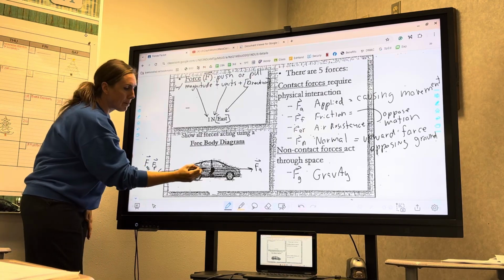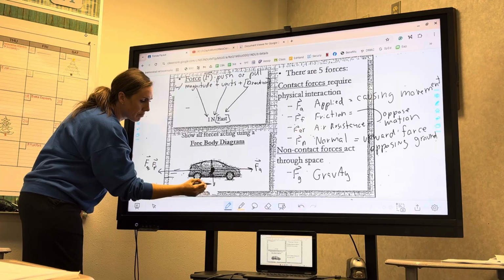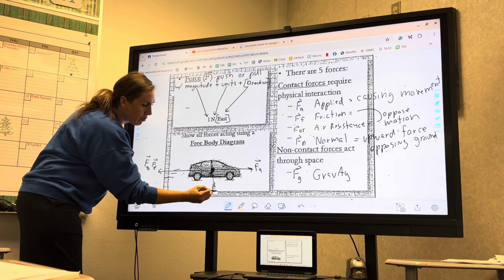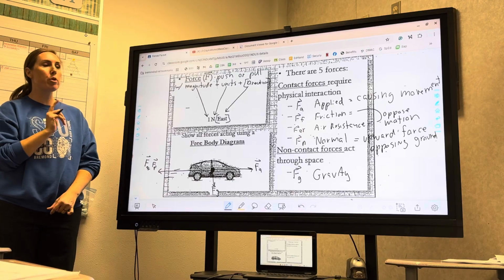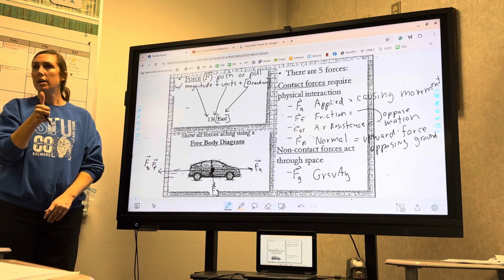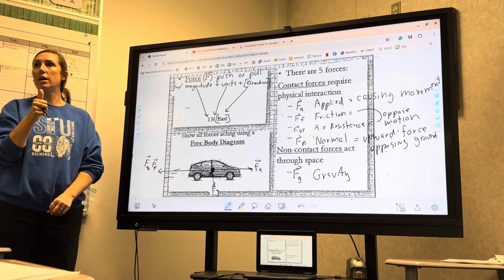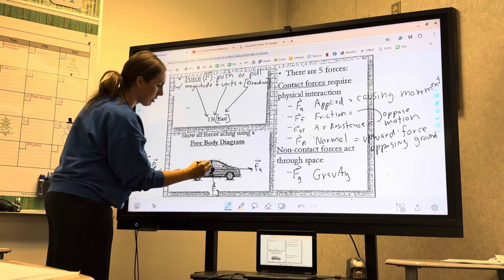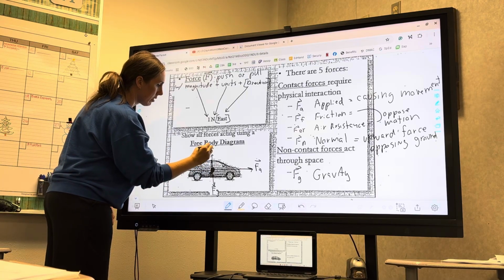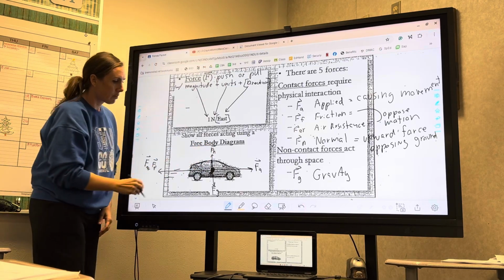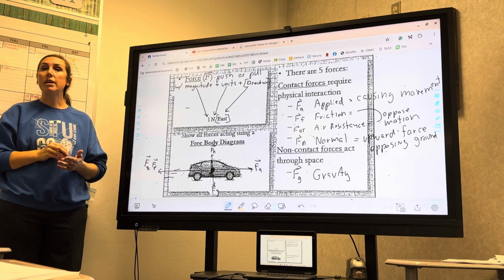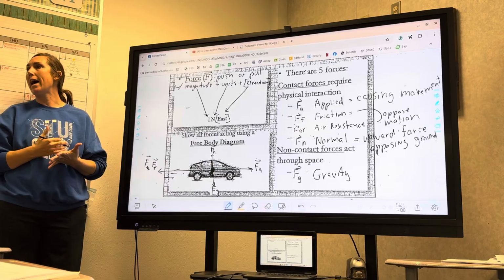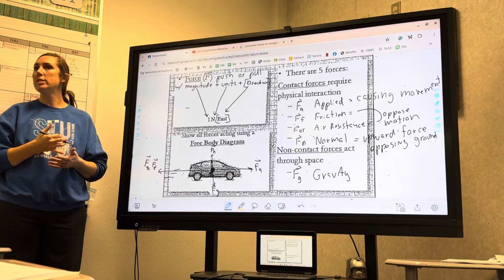Okay, I'm going to add gravity. The force of gravity is on everything. Is there a normal force? Yes. Because it's on the ground. Perfect. So this would be a 5-point question on a quiz because it has 5 forces you have to add. I will always tell you the direction.